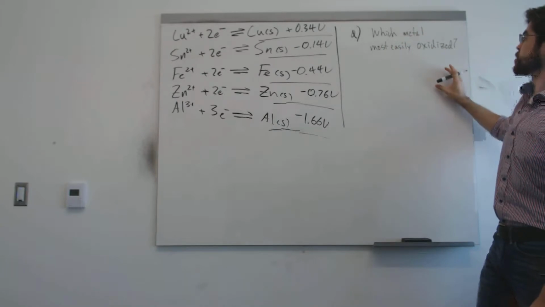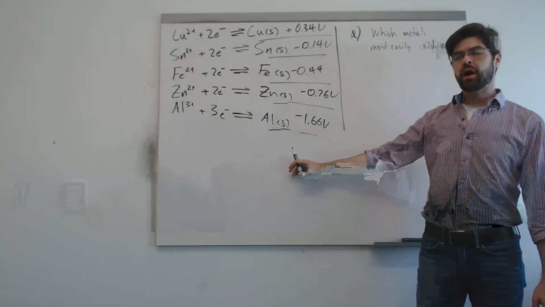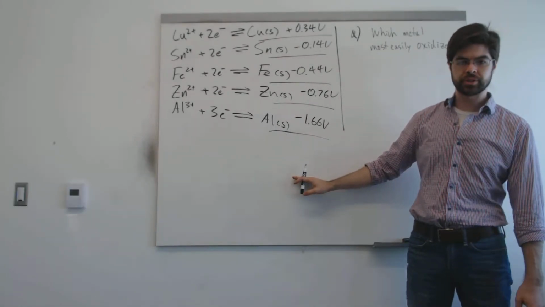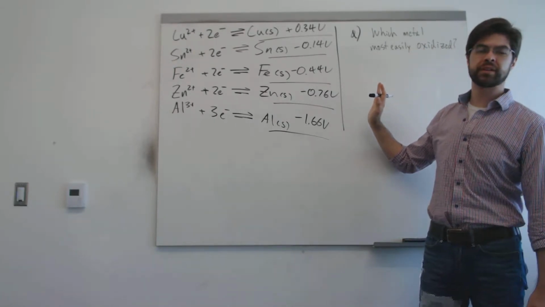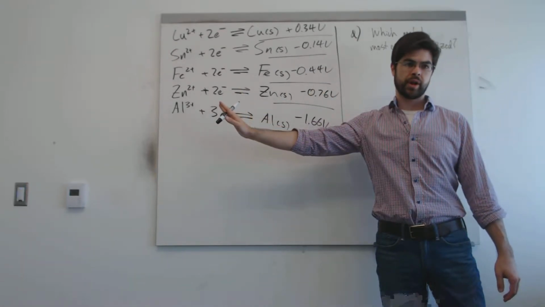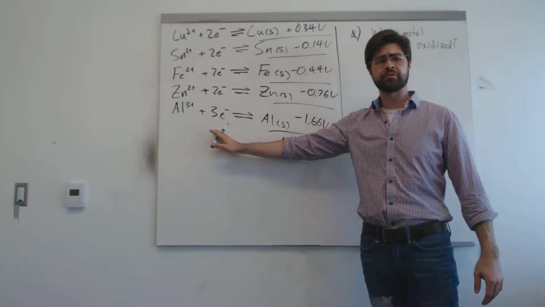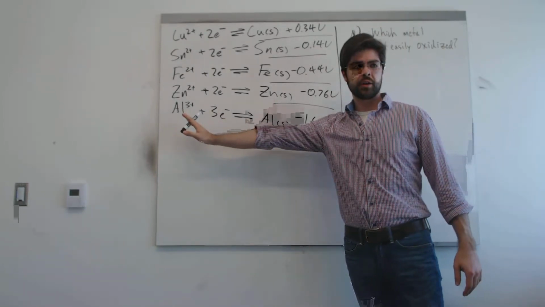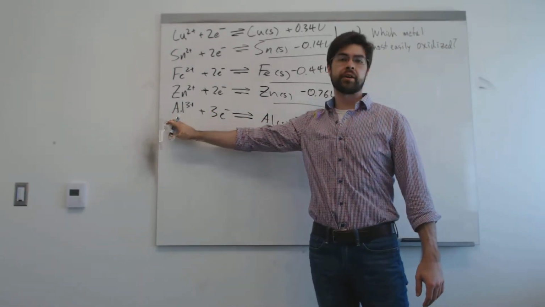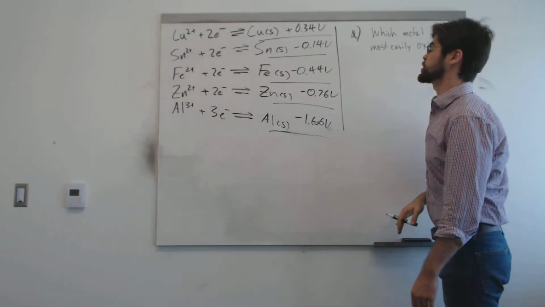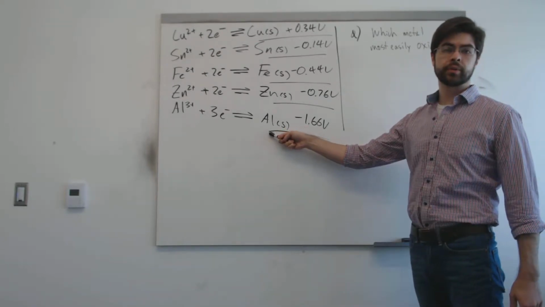Well, technically all of these reduction potentials are given as reduction potentials. If something is being oxidized, we're talking about how favorably does this go in the opposite direction. In the opposite direction, we're showing the metal becoming oxidized, going to a higher oxidation state. And the question is, which of them do that most readily? And the answer here is actually going to be aluminum.